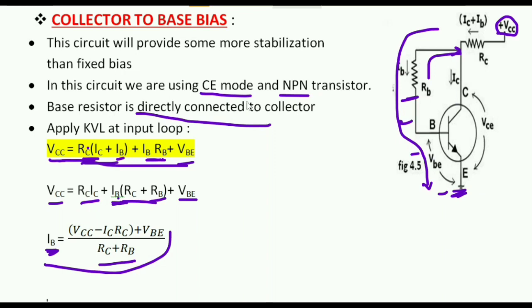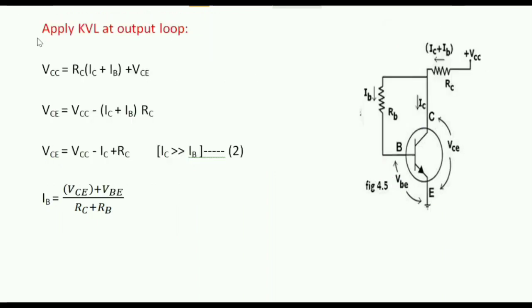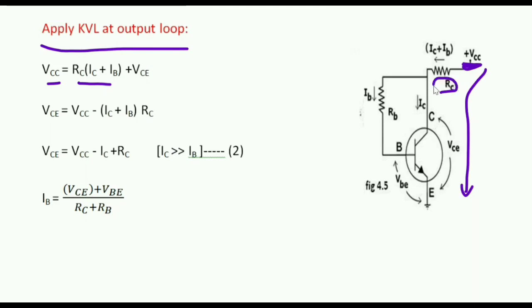Now let us see the output loop. KVL at the output loop. We have seen that this is the output loop of a collector to base bias transistor, and here the KVL equation will be VCC, the total voltage supplied, is equal to the voltage drop across the resistor RC, where the current flowing through the resistor is IC plus IB, as we have seen earlier, plus the voltage between collector and emitter, VCE.